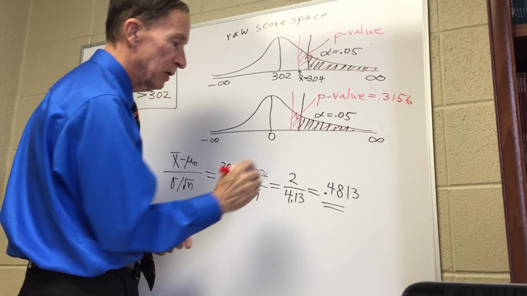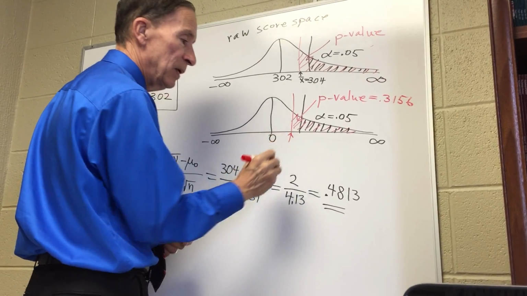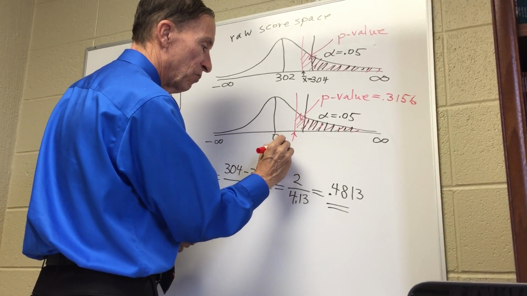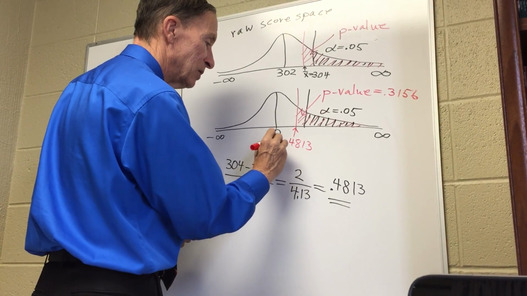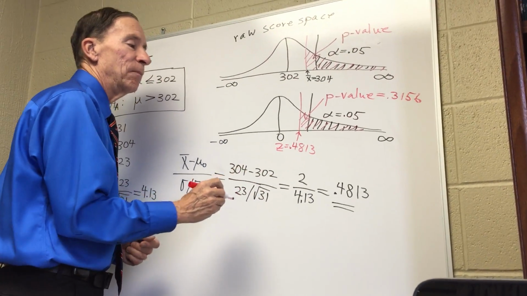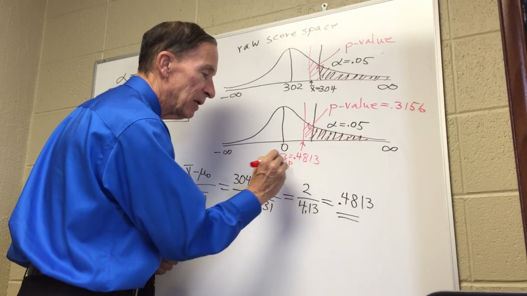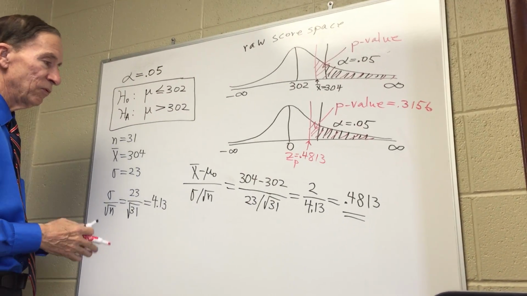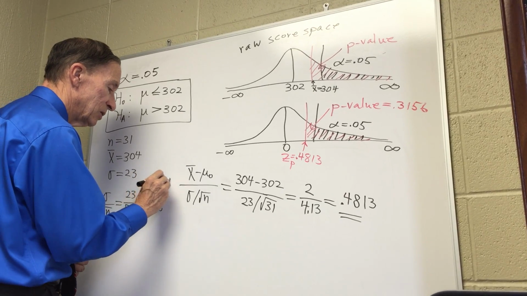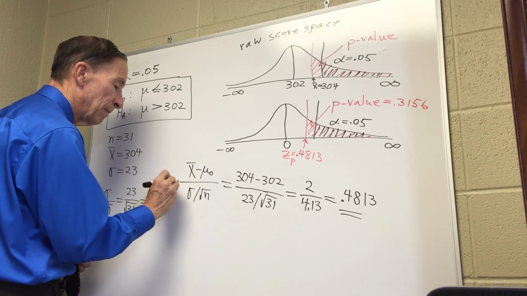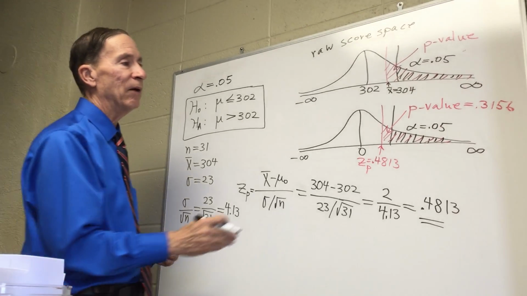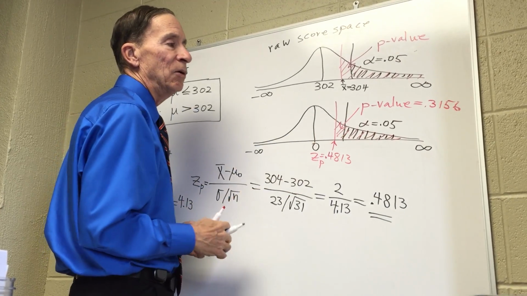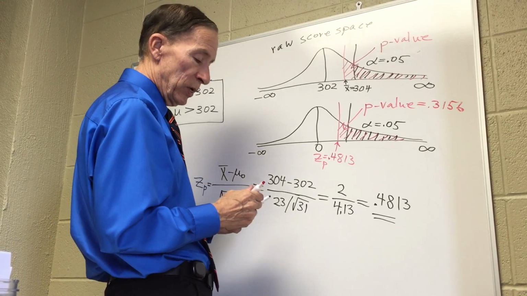So what happened here is we found that we had 0.4813. This was the z-value. You can call it z sub p for the p-value, because it's the one associated with the p-value. And we found that this p-value is 0.3156.